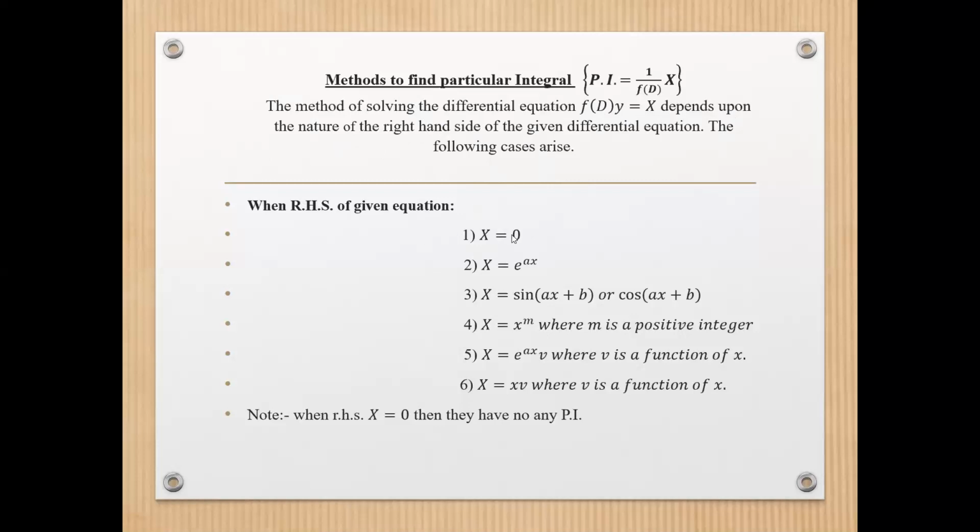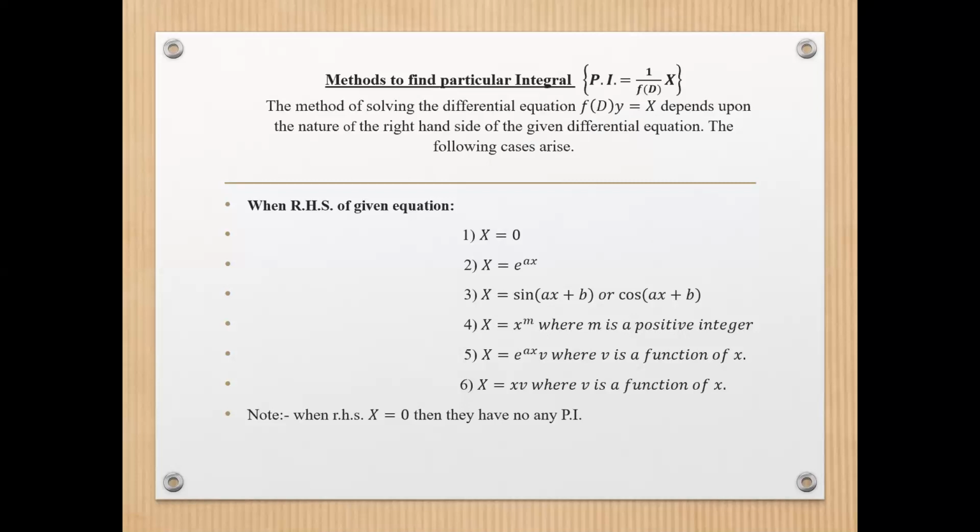Case number 1, X is equal to 0. This is the general form of the linear differential equation with constant coefficient. X is 0 means what we get? f of D y is equal to 0. The same type of example we studied in the last lecture, where we solved 6 examples when the right hand side of the equation is 0.